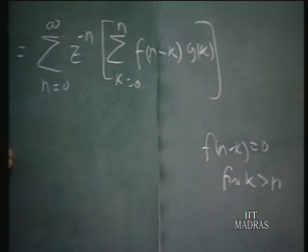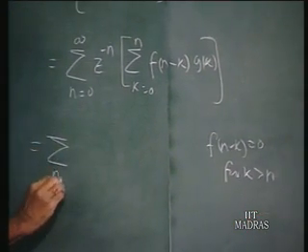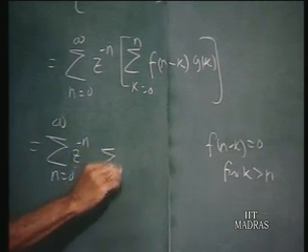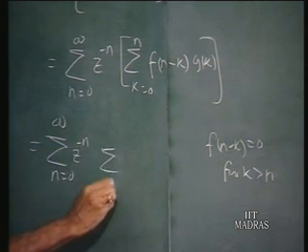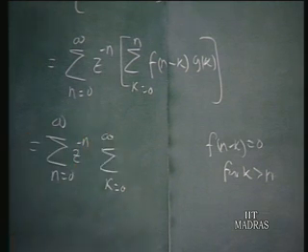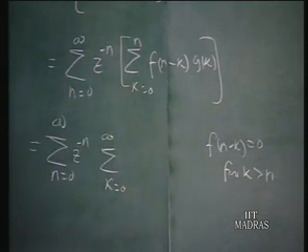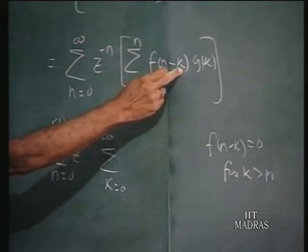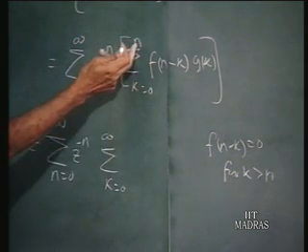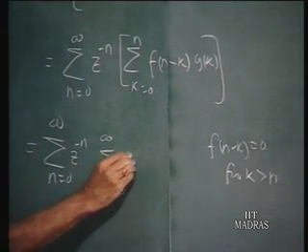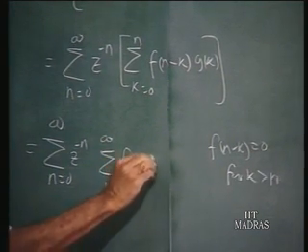Because of this, in the second summation I can say k equals 0 to infinity without altering anything, because I am only adding zeros. Instead of taking this upper limit to n, I can as well take it up to infinity. So this can be written as Fn minus k times gk.